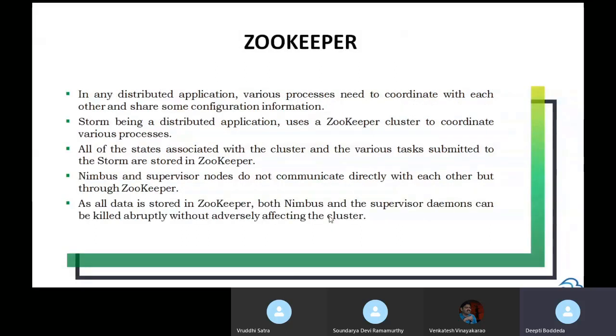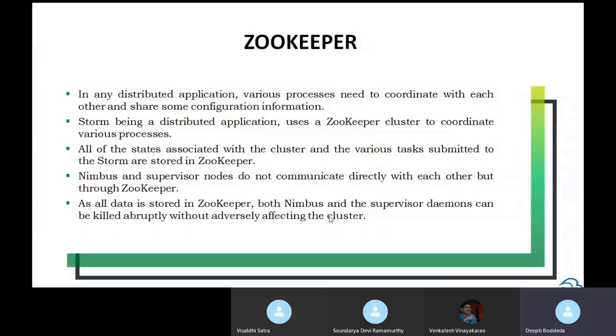And next is the ZOOKEEPER. In any distributed application, various processes need to coordinate with each other and share some configuration information. Storm being a distributed application, uses a ZOOKEEPER cluster to coordinate various processes. So there is no direct communication between Nimbus and the supervisors. It is through ZOOKEEPER that they communicate with each other.